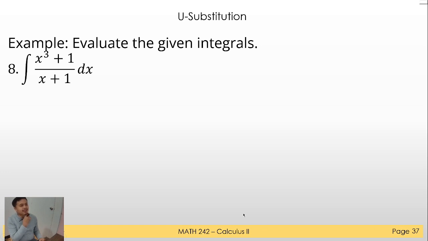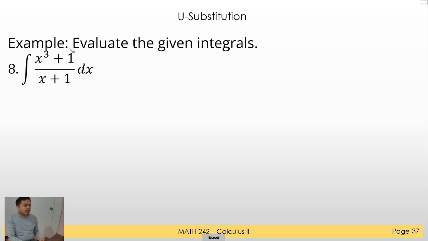Okay, so evaluate the given integrals. So this looks complicated enough. So how do we do this? Should we use U-substitution? Actually, we do not need to use U-substitution here. If we let this be u, we cannot really change this up. We cannot cancel anything. So, if you could recall from your algebra class, we can factor this out.